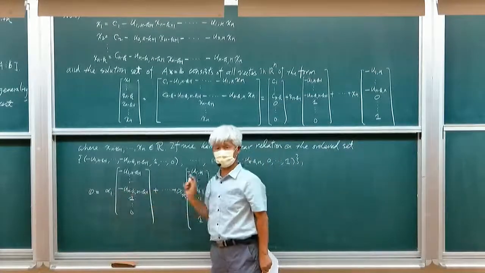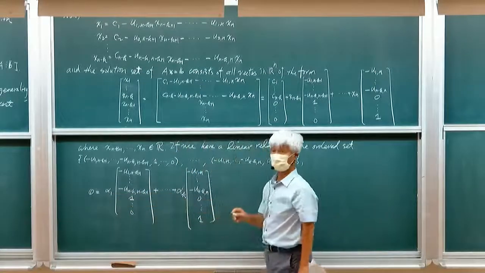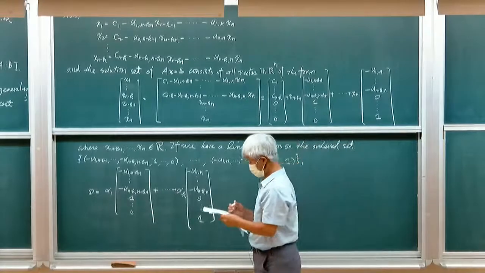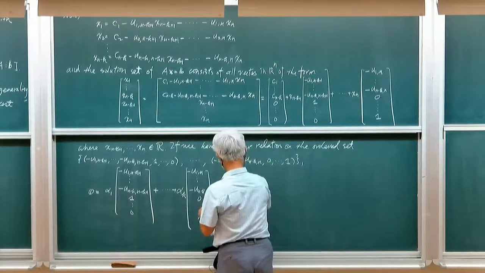This is a linear relation, and alpha 1 up to alpha k are scalars. And this linear relation can be combined together.